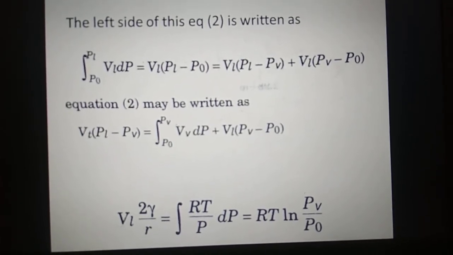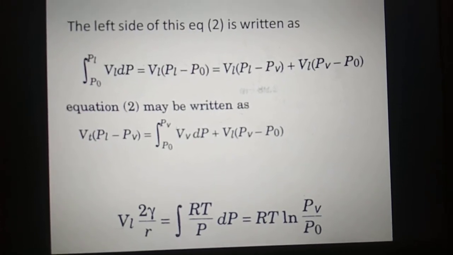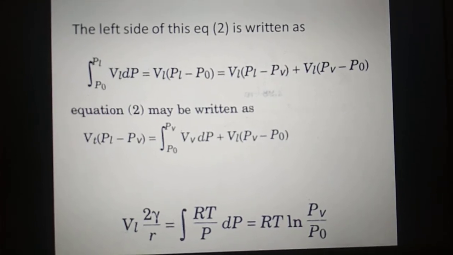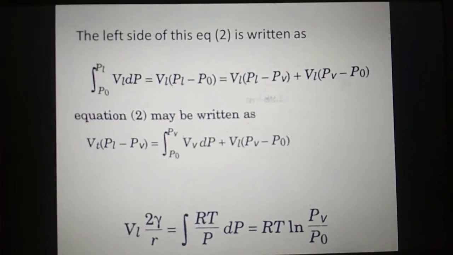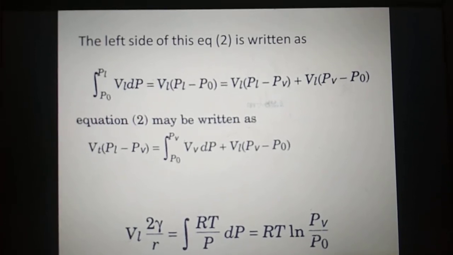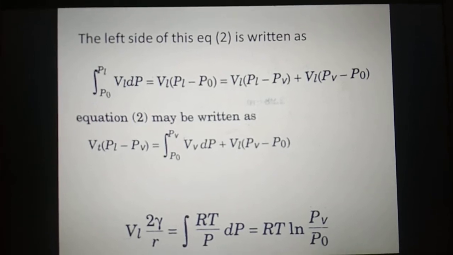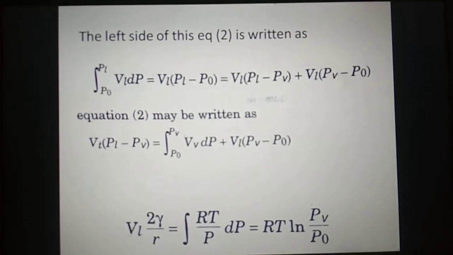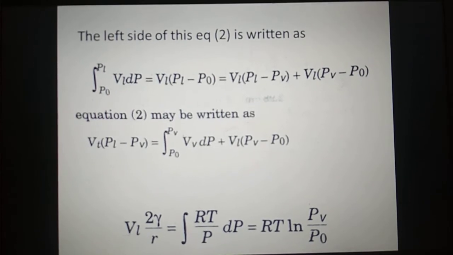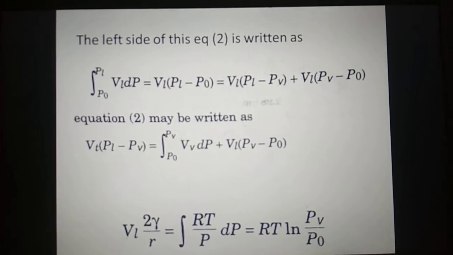Now we integrate the first term on the right hand side and substitute the result in the Laplace equation on the left hand side to get the following equation: VL · 2γ/r is equal to integration of RT/P dP, which is equal to RT ln(PV/P0). This equation is known as the Kelvin equation.